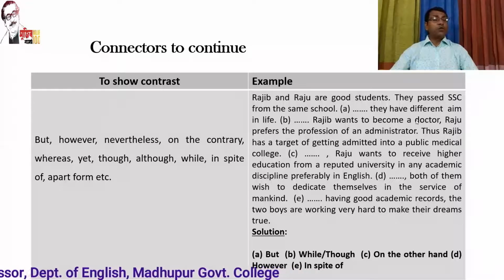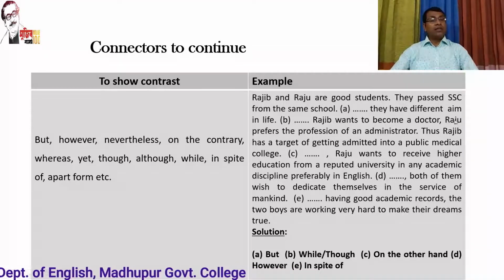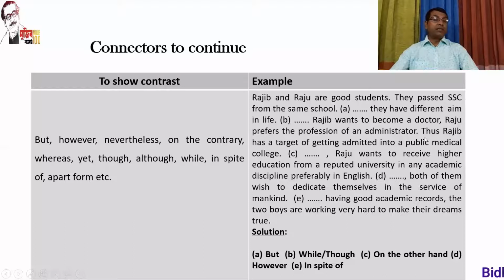Rajiv wants to become a doctor. On the other hand, Raju prefers the profession of an administrator. Thus, Rajiv has a target of getting admitted into public medical college. And this is the aim of Rajiv. He wants to be admitted in a public medical college.